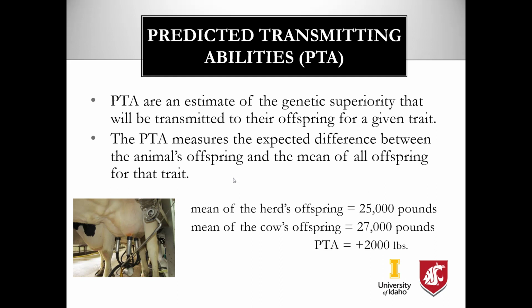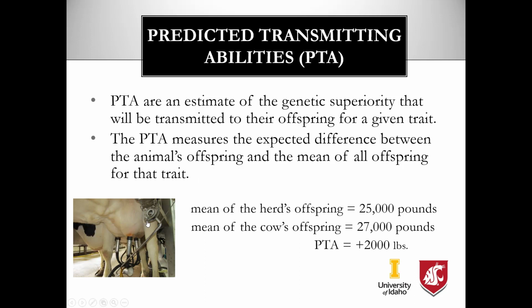A little bit earlier, we mentioned predicted transmitting abilities, or PTAs, and PTAs are an estimate of how good an animal is, or their genetic merit. And so the PTA measures the expected difference between the animal's offspring and all other offspring within the same herd. So here's an example.